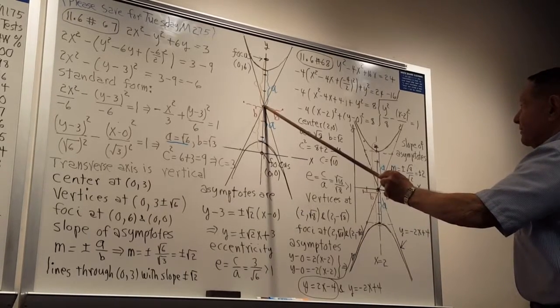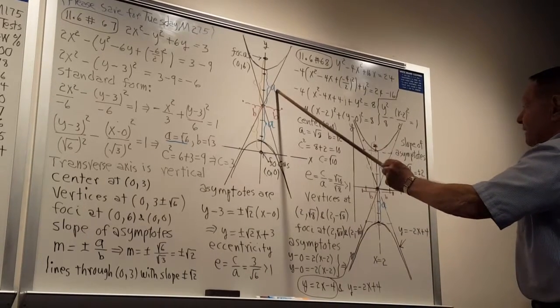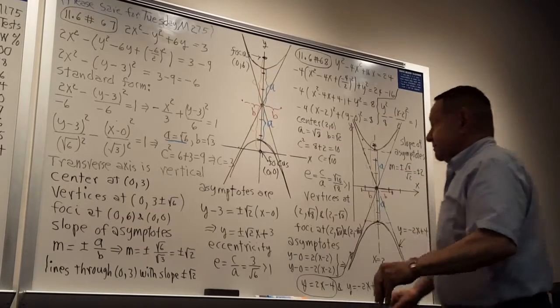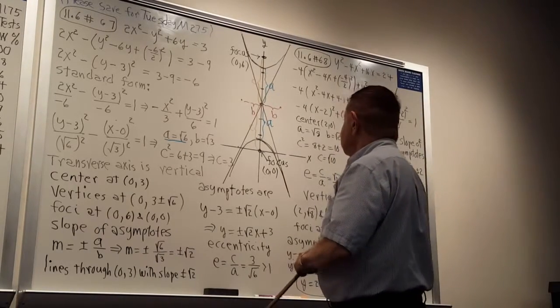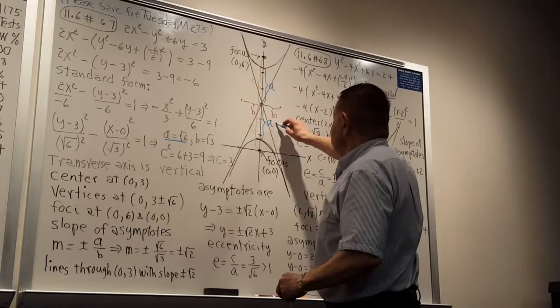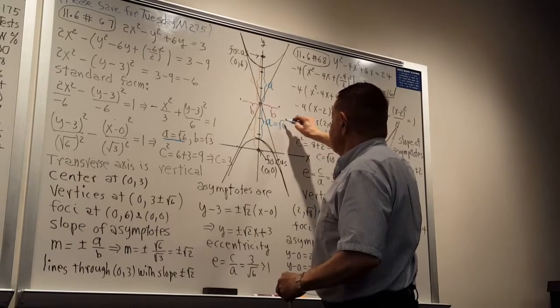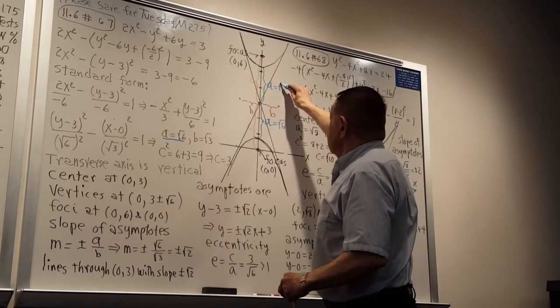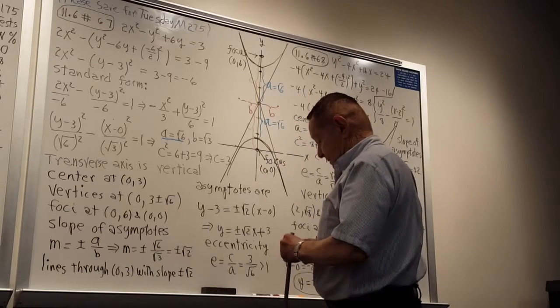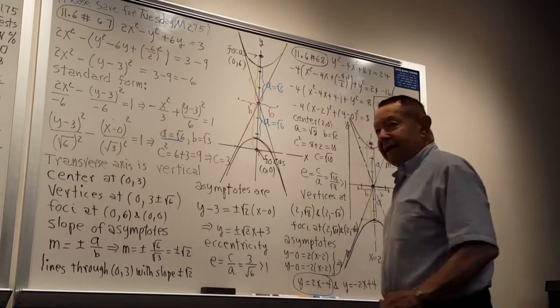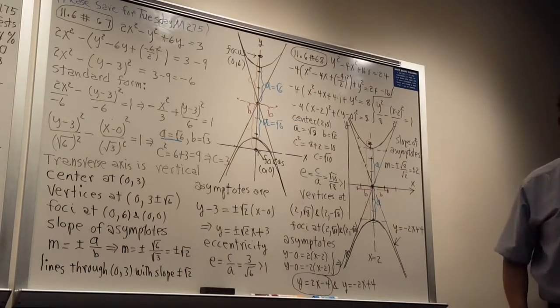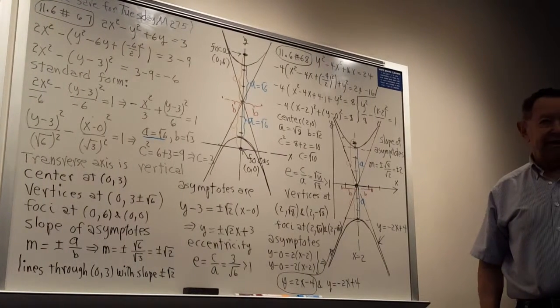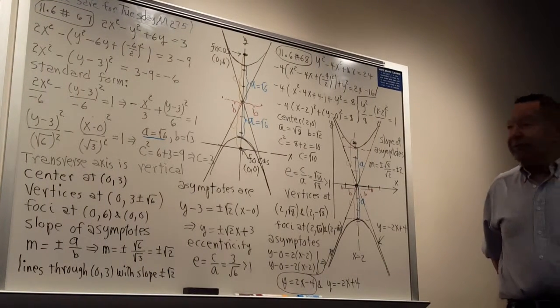So here's your center, and then this would be your root 6, and that's a number between 2.4 and 2.5 if you figure it out.